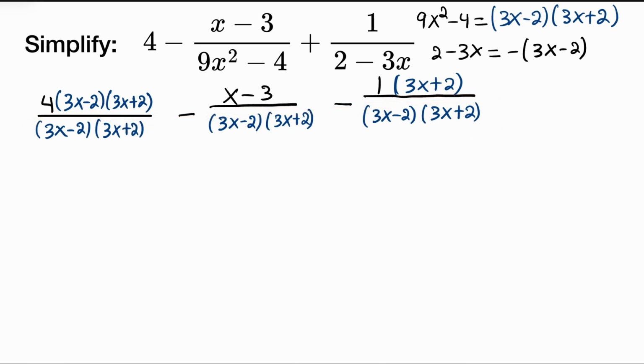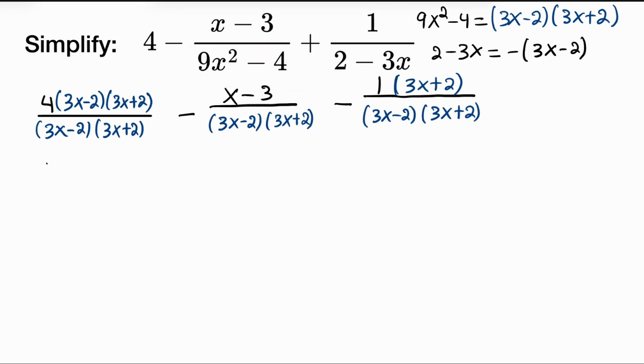So since we have that, we can take a look at the numerators, and we can combine all terms in one fraction. So what I want you to do first is take a look at this original denominator of 9x squared minus 4. Well, what we're going to do is take this 4 and multiply it by 9x squared minus 4. So let's go ahead and do that.